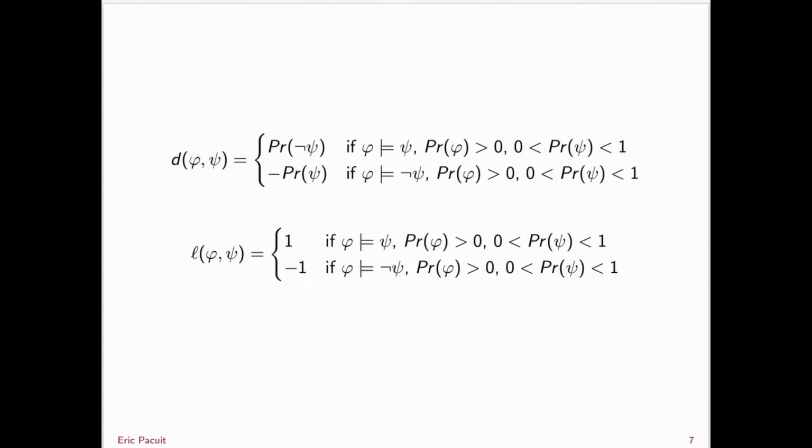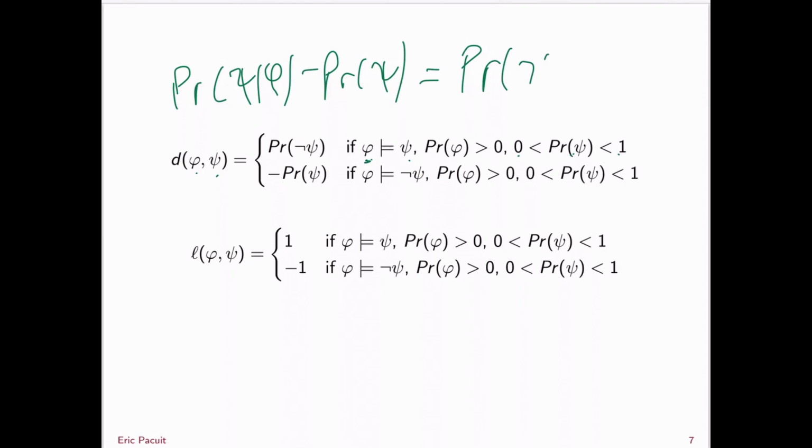Well, here are two facts. If phi implies psi is a valid argument, that is, if the argument with premise phi and conclusion psi is valid, and the probability of phi is greater than 0, and psi's probability falls between 0 and 1, then the difference between phi and psi, that is, the probability of psi given phi minus the probability of psi, is going to be equal to the probability of not psi.